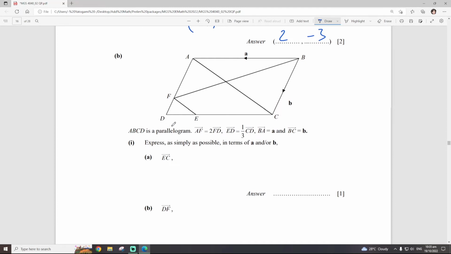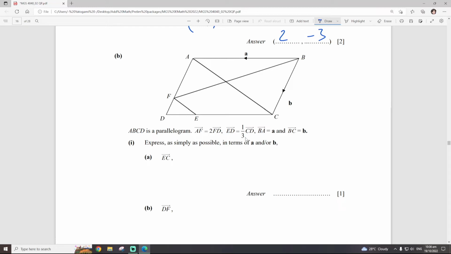ABCD is a parallelogram with AF 2FD. Express as simply as possible in terms of A and B. Okay. Well, I really don't like it when they do not use O to refer to the origin. I do so much JC vectors. Okay. EC. So they are all similar triangles. Wait. ED is 1/3 CD. And AF is 2FD.